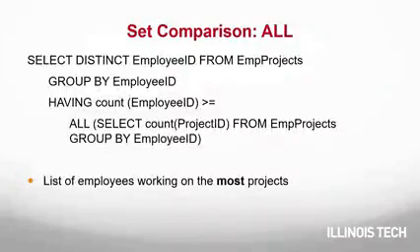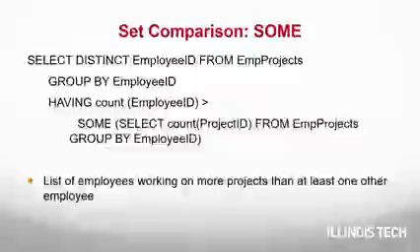So we count the projects for all the employees in the nested query and require that the count of the employees in the outer aggregation be greater than or equal to any of those values. So here we're going to get the list of all the employees working on the most projects.